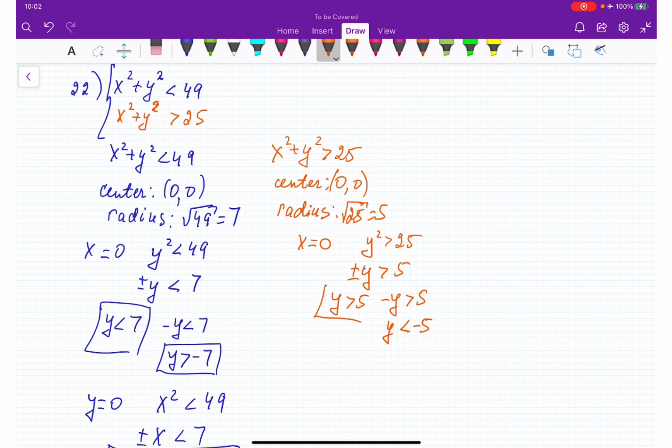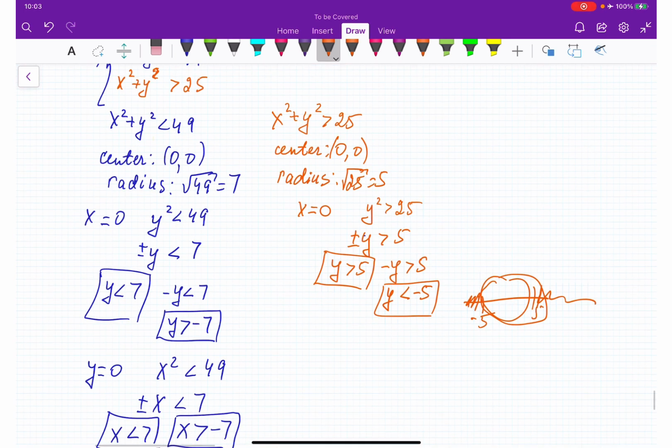So one shaded area, the other shaded area. Look here, more than 5, less than 5, right? Negative 5, positive 5. One is more than 5, the other one is less than 5, but the circle is here. So it's outside of the circle.